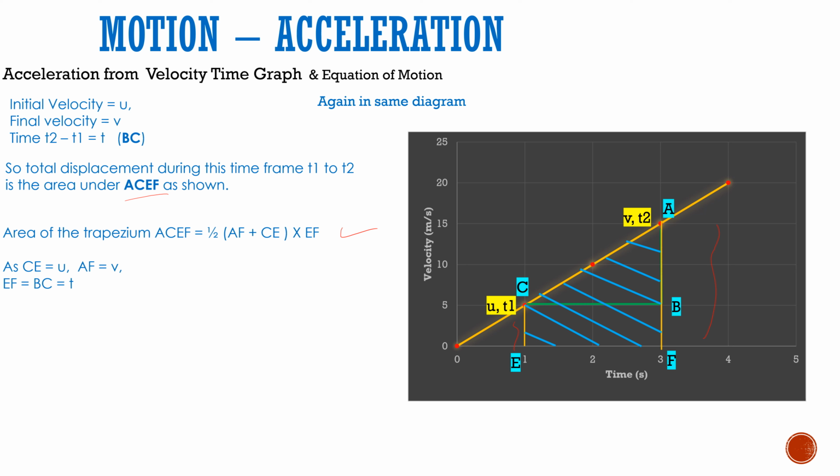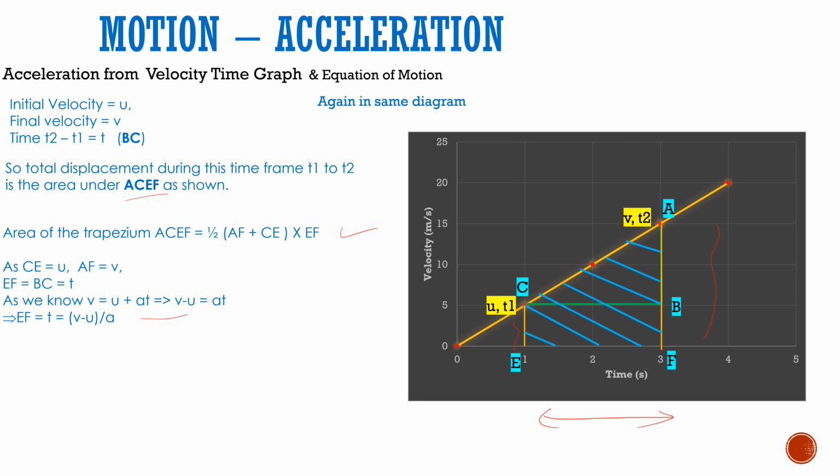And EF, what is EF? EF is t. EF is nothing but this part, so this is t. And then we again know v equal to u plus at, nothing but v minus u equal to at, right? So with that we get to know that t is v minus u by a.